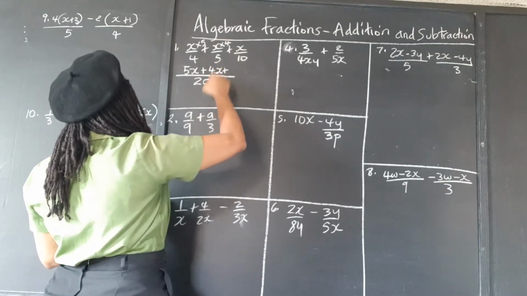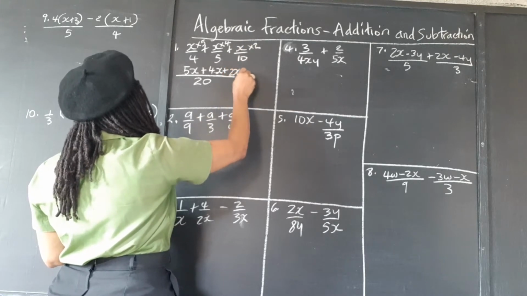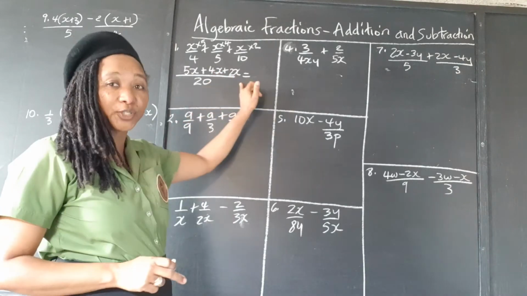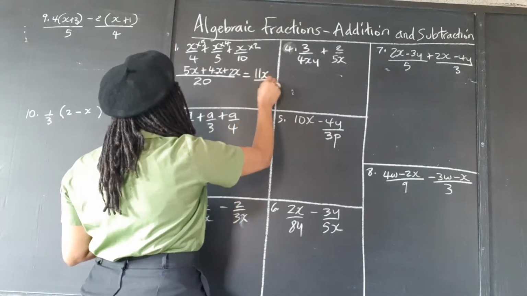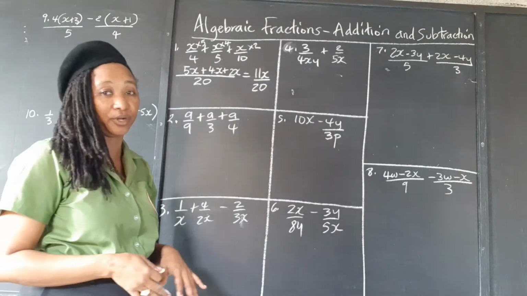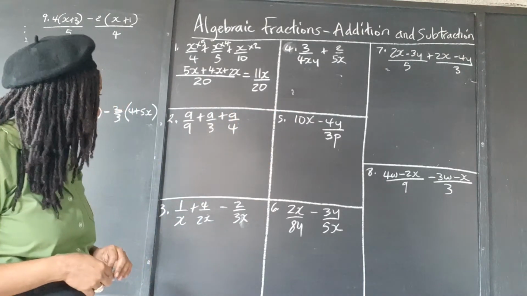And 10 goes into 20 2 times. X times 2, 2x. So 5x plus 4x, that's 9x, plus 2x, that's 11x. That's 11x over 20, which cannot be reduced any simpler. So this is our final answer, 11x over 20.